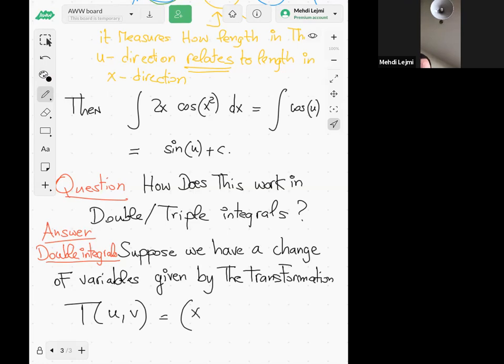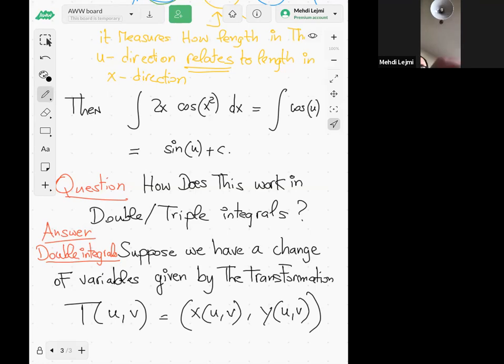And the second component is some function of u and v, which we're going to call y of u and v.